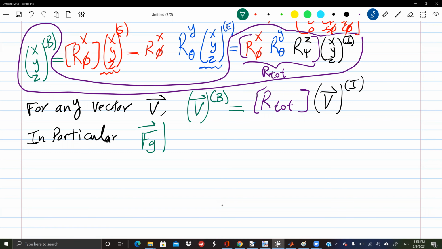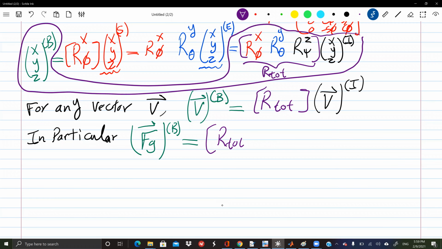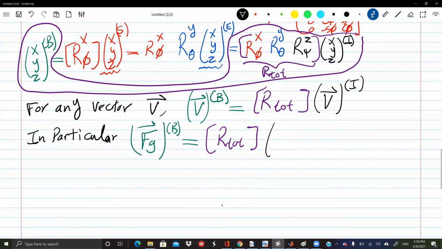Gravity in the body frame, we did not know it. Now it's this rotation matrix times the F gravity in the inertial frame. What's F gravity in the inertial frame? Anybody knows? 0 0 mg. Exactly. So this is in the inertial frame.